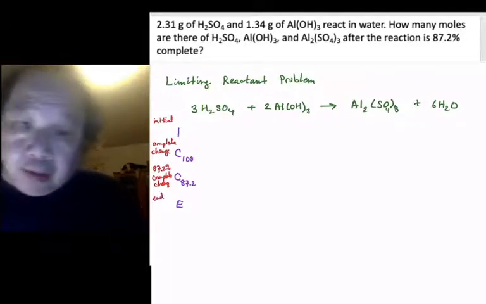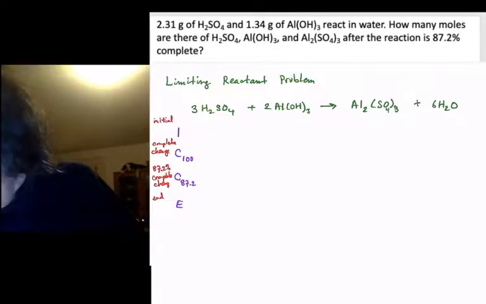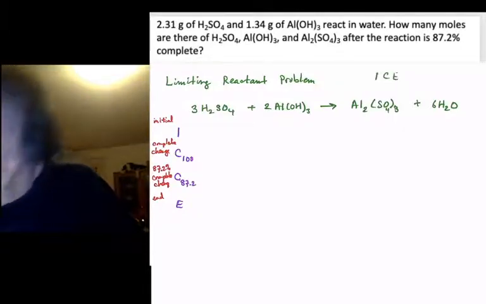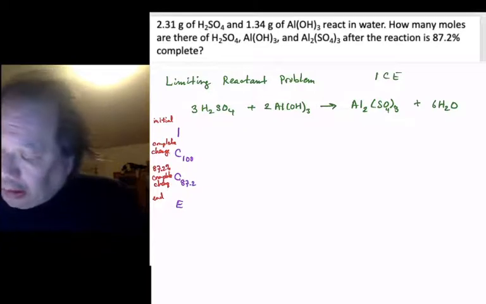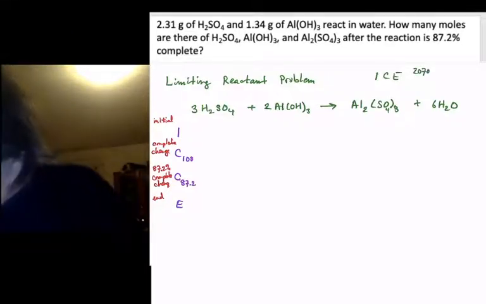But in 2080, E will stand for equilibrium. And this is called the ICE method because of the different rows. And in 2070, the entries will be in moles.